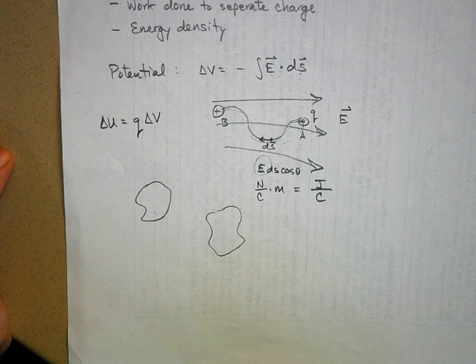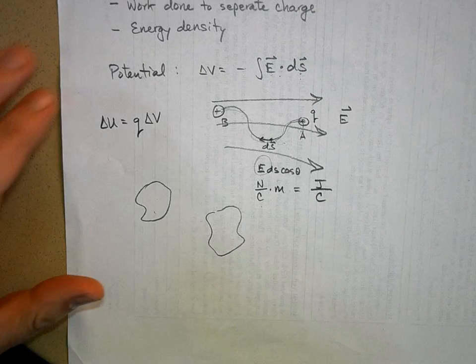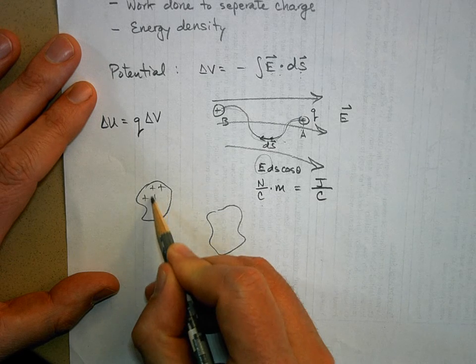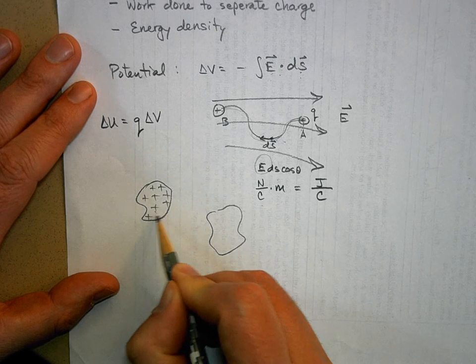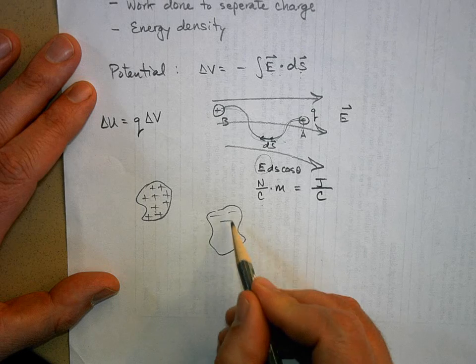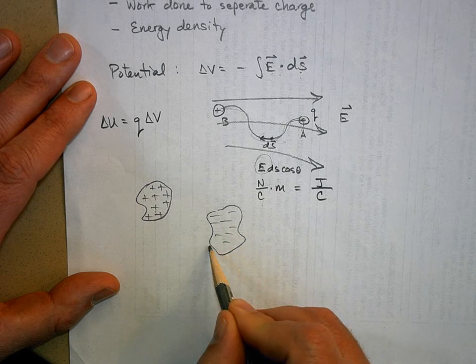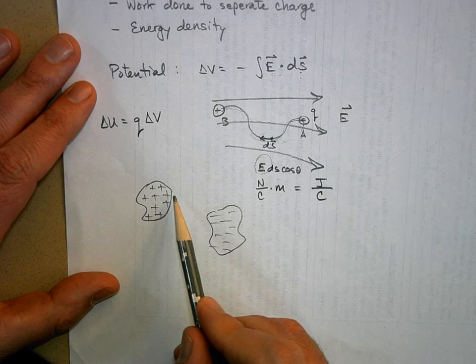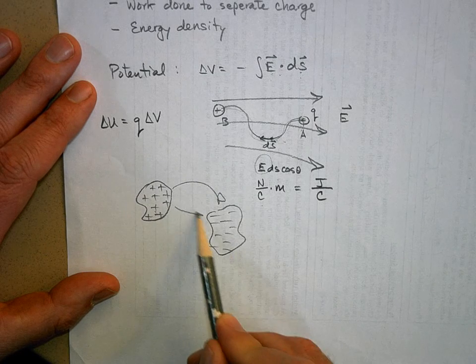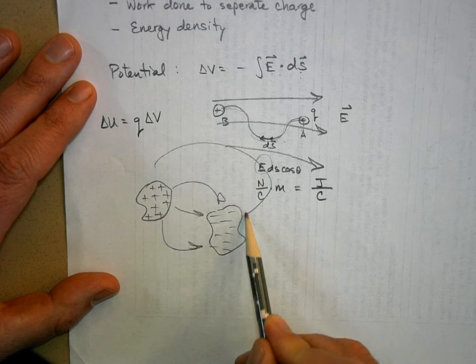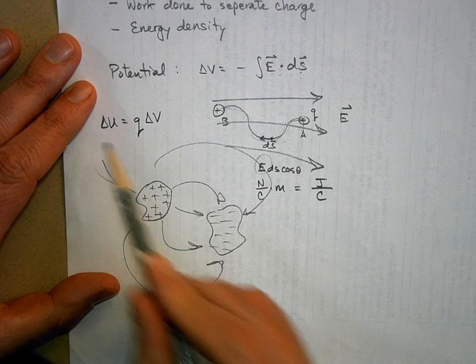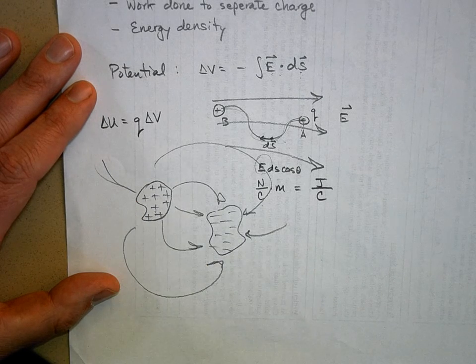And what I'm going to do is I'm going to deposit positive charge over here, and an equal amount of negative charge over here. And that creates an electric field, just like in the video. It comes out of the positive and in here.